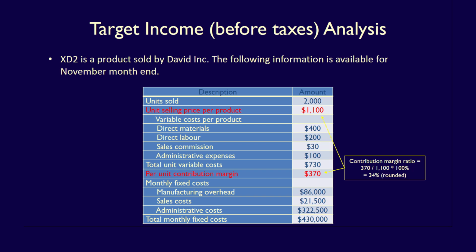We're going to round that to a contribution margin ratio of 34%. Note that we could have also rounded to 2 decimal places, in which case we would use 33.64. But for simplicity's sake, we're simply going to use 34%.